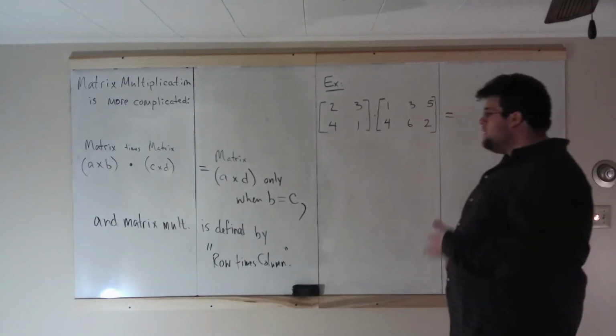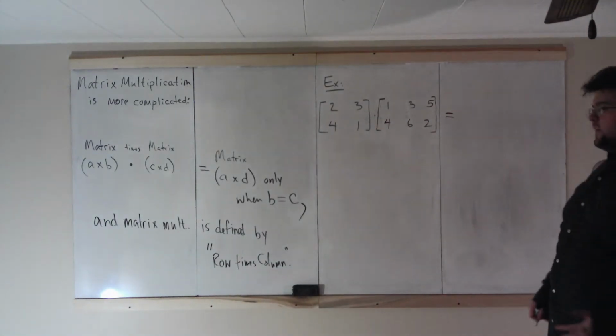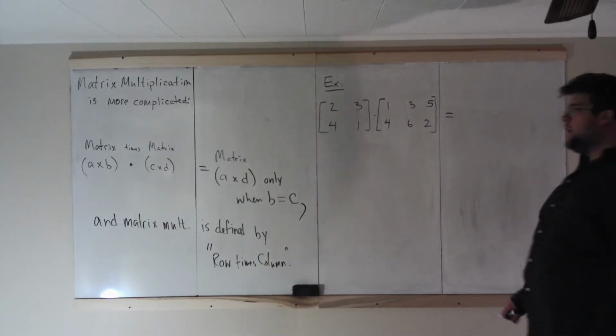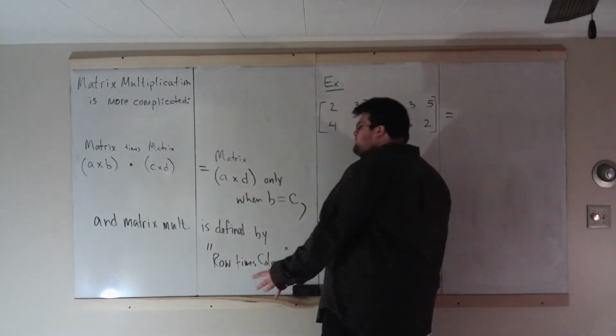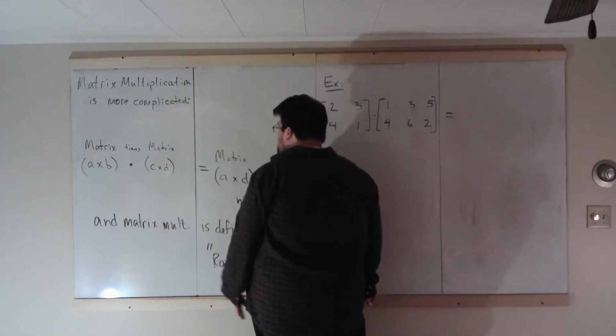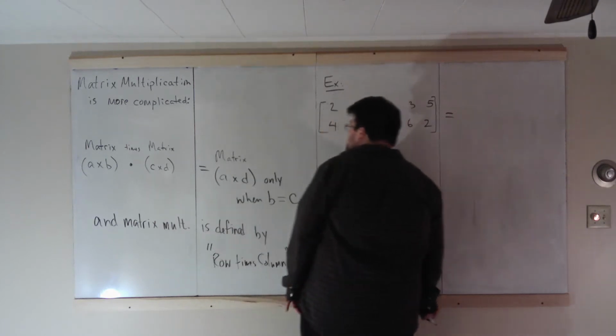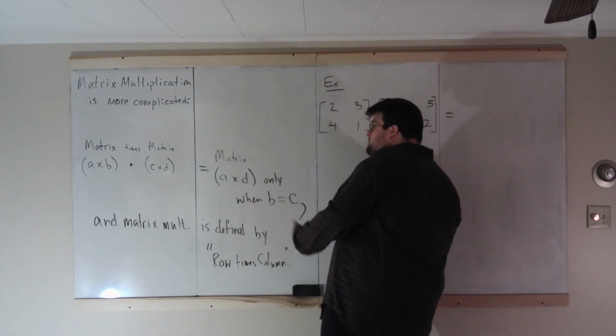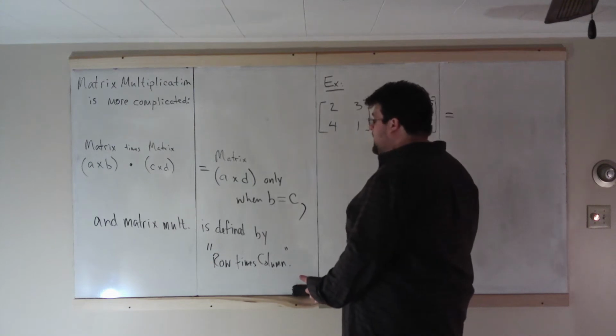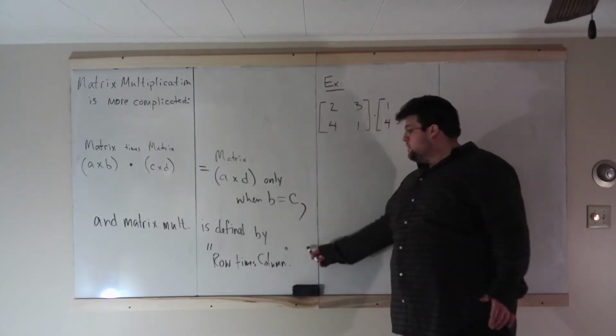So these are the two things we need to keep in mind, technically three things, for matrix multiplication. A by B times C by D equals A by D only when B equals C. A lot of letters. And it is defined by row times column.